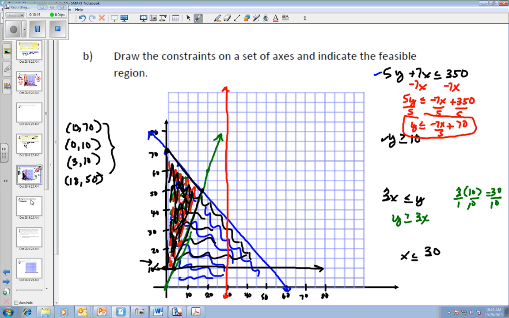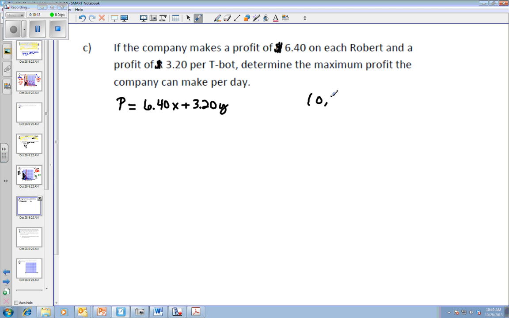So I'm going to rewrite those, (0, 70), (0, 10), and then my other two were (3, 10) and (18, 50).